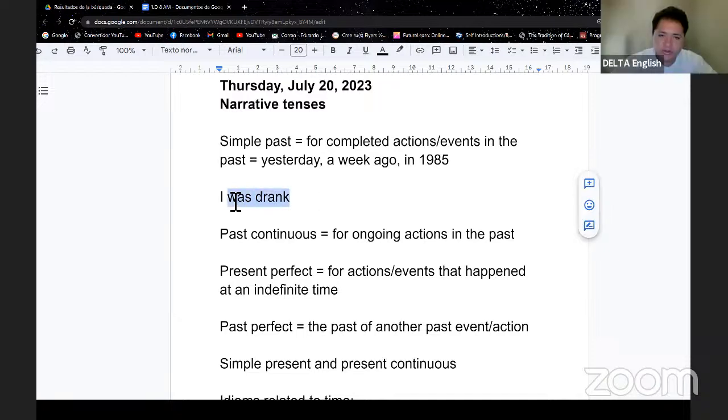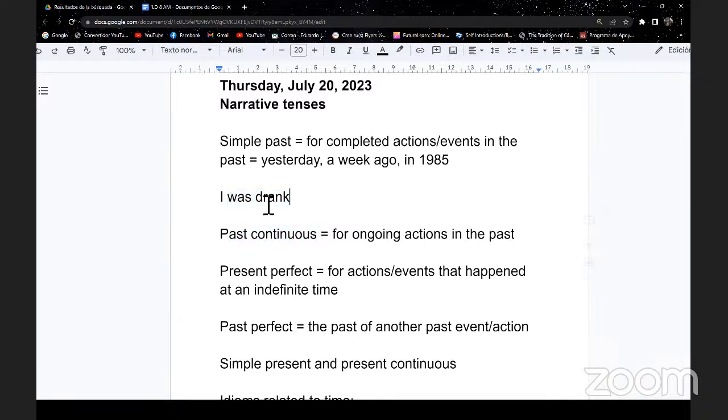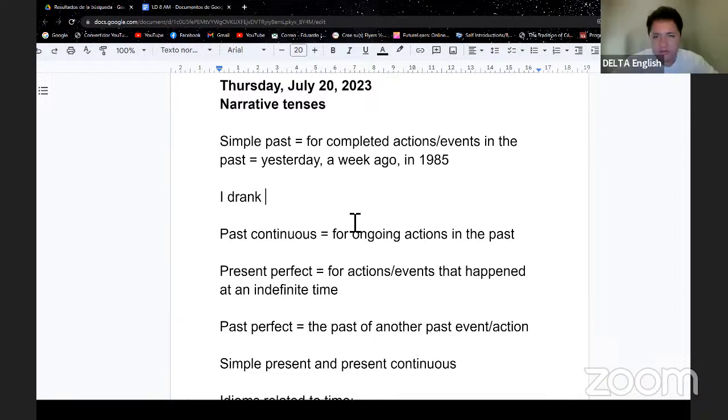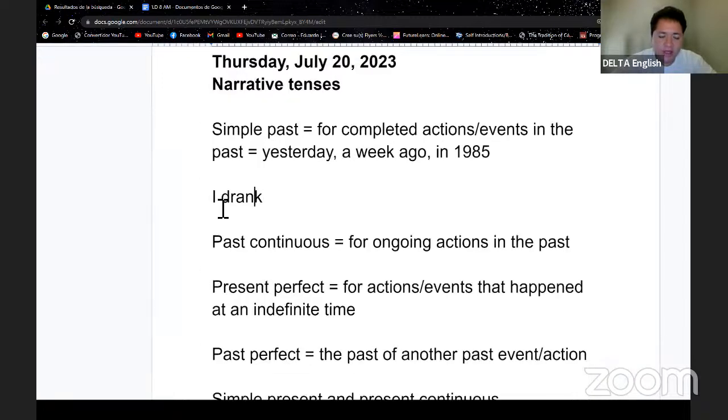Yeah, so I was drinking, okay, but that is past continuous. Simple past. I ate meat. Okay, you can say I drank or I ate, right? I drank. So the simple past doesn't use the -ing, right? That's the past continuous. So remember, we have I drank as the affirmative.